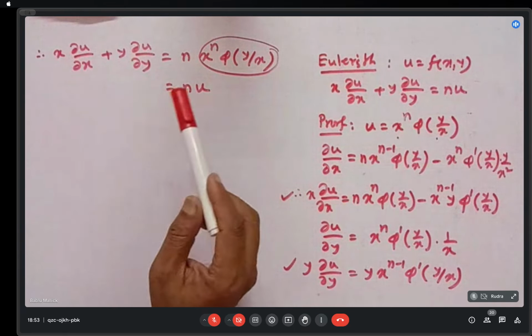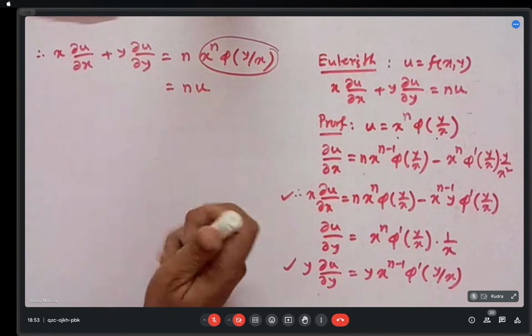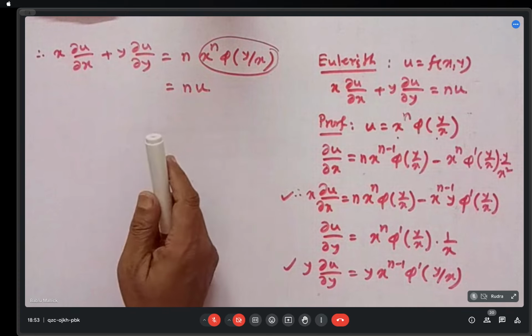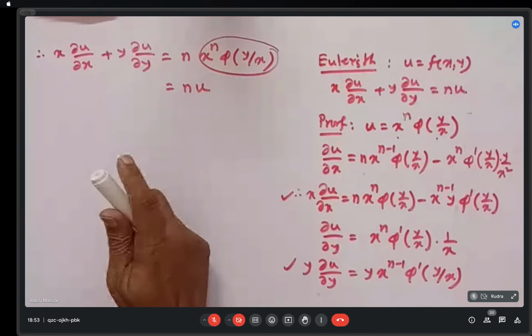Now it has a corollary. Write it. This is a question as well as a very important result.